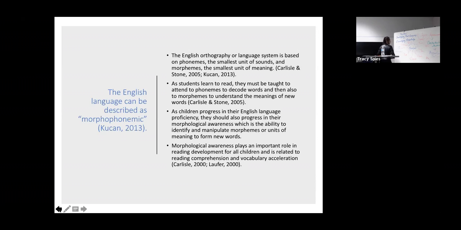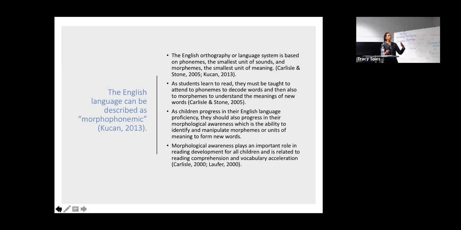So if I've got the word, and you guys can't see it there, so I'm just writing cats. And I'm adding the S there. It's giving me the meaning that this is more than one. So I give you some little information here about the English orthography, meaning the system of how the sounds work together in the written language.